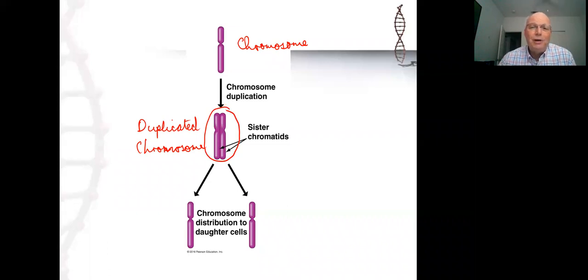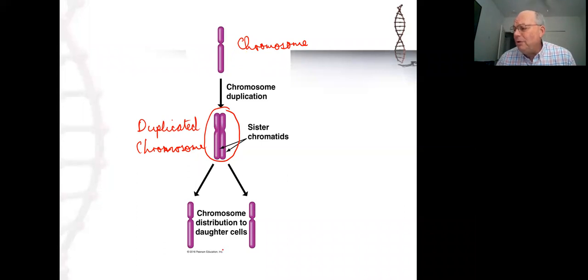But if you just use the term chromosome, you really don't know whether you're talking about chromosome up here or, as you'll see, chromosome down here at the bottom. So most biology professors that I've ever come across, and our textbook authors do this as well, refer to this as a duplicated chromosome or a replicated chromosome to differentiate it from this single DNA molecule that is a chromosome.